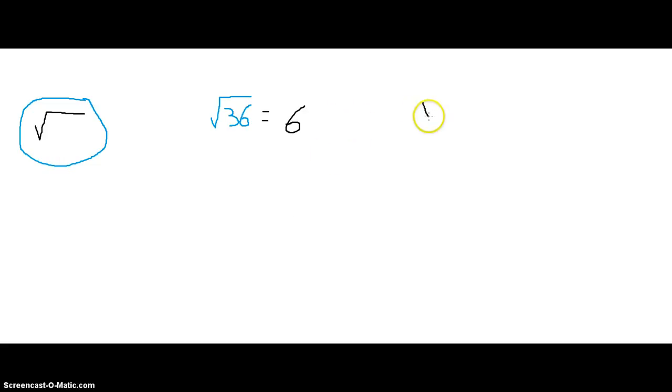Now, here's an example: the square root of 50. You might think that this looks easy. Well, it kind of is once you understand it. To solve problems that don't have a perfect square root that easily, you have to factor it.